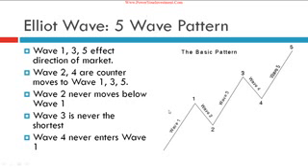So what we can see is that this is a 5-wave structure where waves 1, 3 and 5 essentially determine the direction of the market. Waves 2 and 4 are basically counter waves to waves 1, 3 and 5.